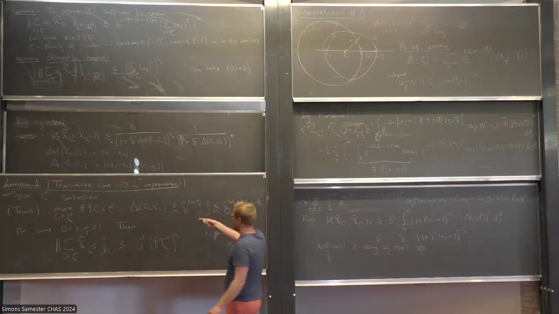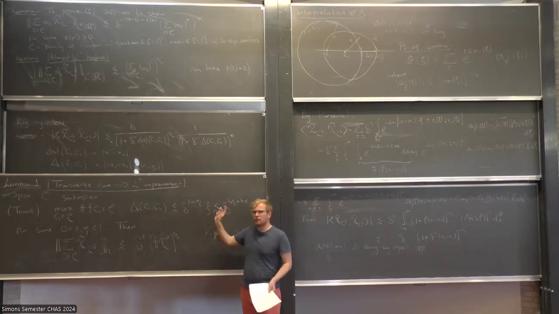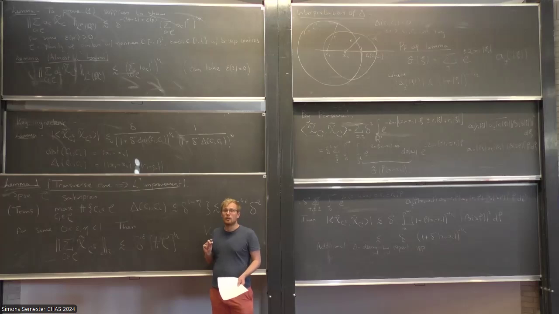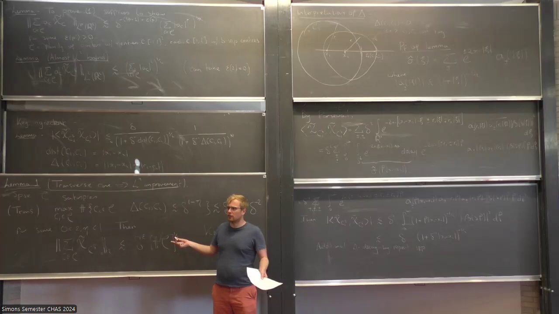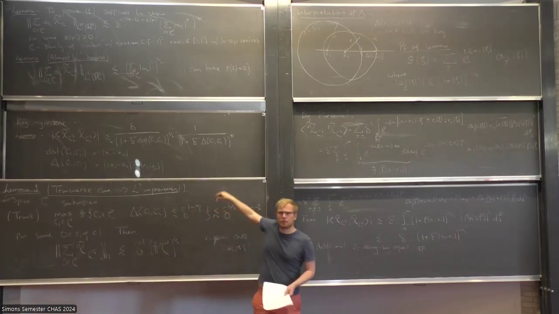Because this transversality hypothesis says there are very few tangent circles. If there are very few tangent circles, we beat the L2 value. Remember, we only need to beat it by an epsilon, so then we're good. The only case we have to really worry about is when there are many tangent circles. Make sense? And this is natural given what the inner product pairing is and how that behaves. Any questions about the statement?